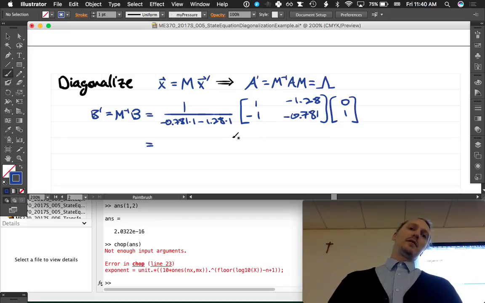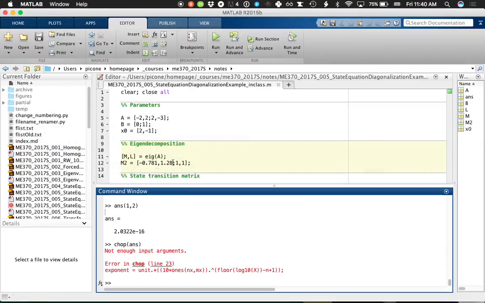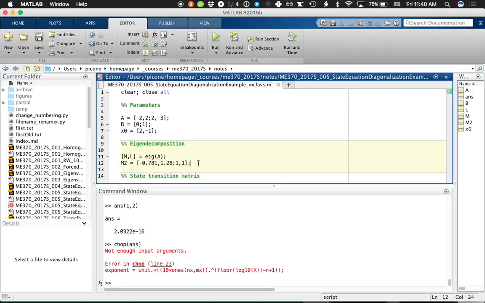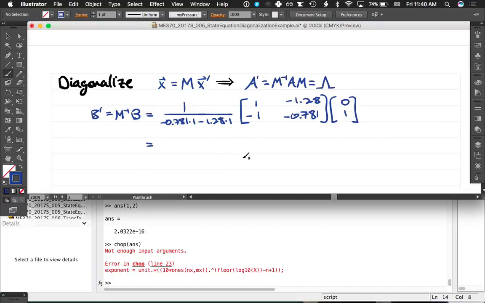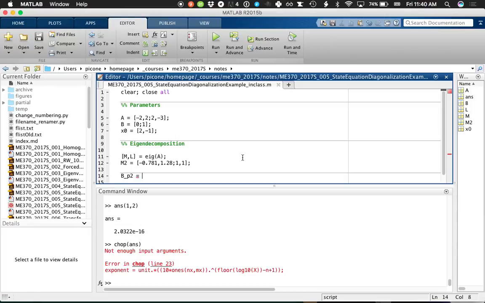That is, we just have to go through this computation. Let's do it in Matlab. B prime 2, which means it's our by-hand one, is going to be the inverse of M2 times the original B matrix.